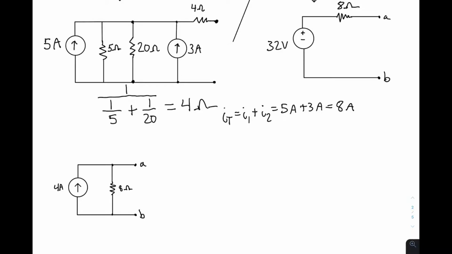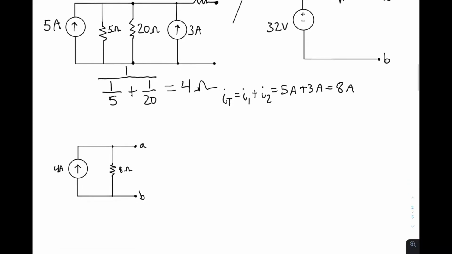This is actually known as a Norton equivalent circuit. It consists of an independent current source in parallel with the Norton equivalent resistance. And just like we did here, we can derive a Norton equivalent circuit from a Thevenin equivalent circuit simply by taking a source transformation.